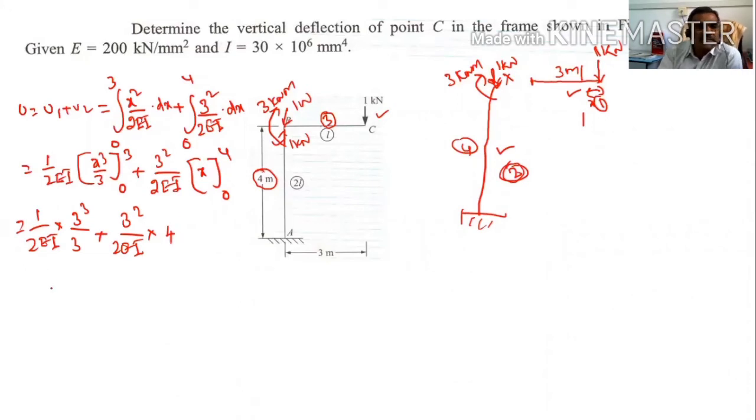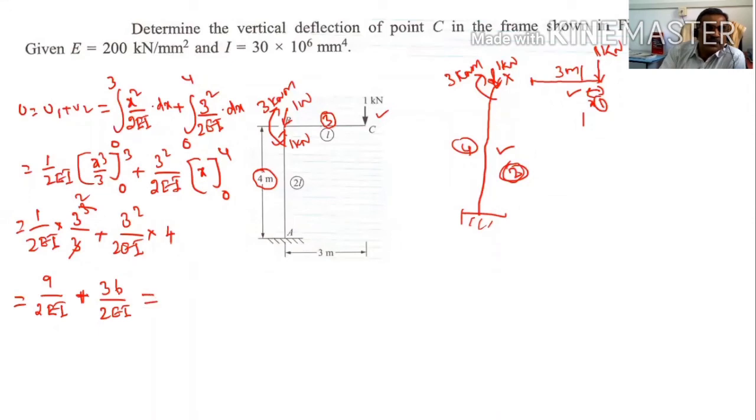Now if you cancel this 3, it will be 2. And then what is the equation? 3 square is 9, so 9 by 2EI. Plus, this is 3 square, which means 9, into 4, which is 36, divided by 2EI.